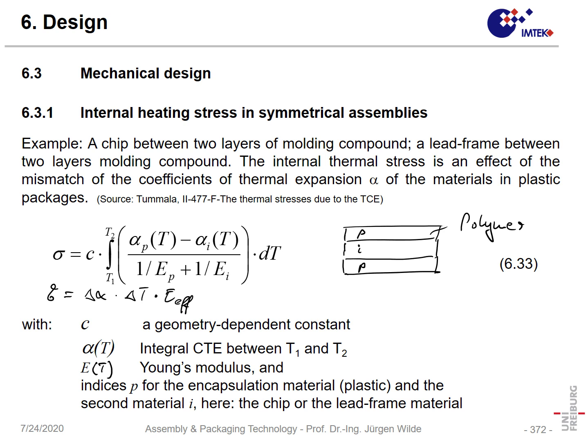We cannot just take the delta alpha for the temperature T2, but we must make the integral of all strains, and such thermal strains are integrated over temperature, and in that way the stress finally will be the integral of alpha of the packaging material minus alpha of the intermediate material integrated from starting temperature T1 to final temperature T2.